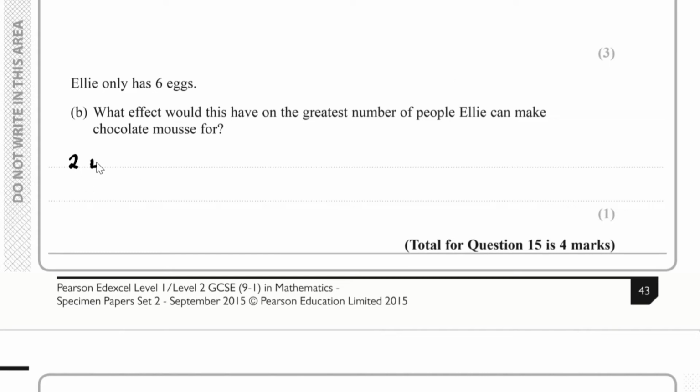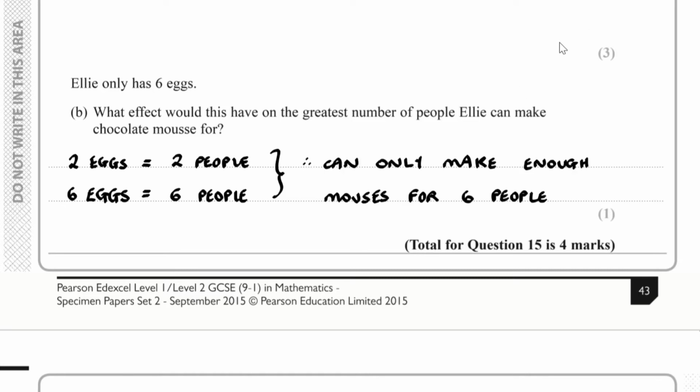So we've got 2 eggs for 2 people, and therefore if we've got 6 eggs, that means we can make enough for 6 people. And the way I worked that out was by multiplying by 6. And therefore, we can only make enough mousses for 6 people.